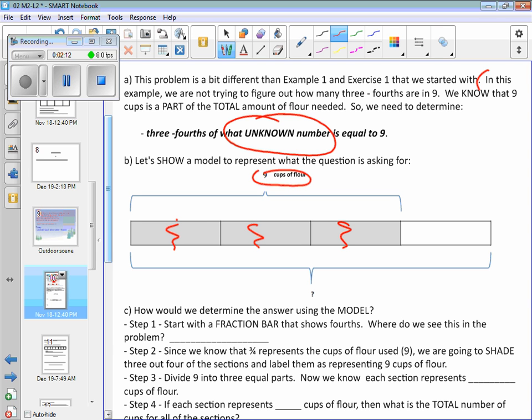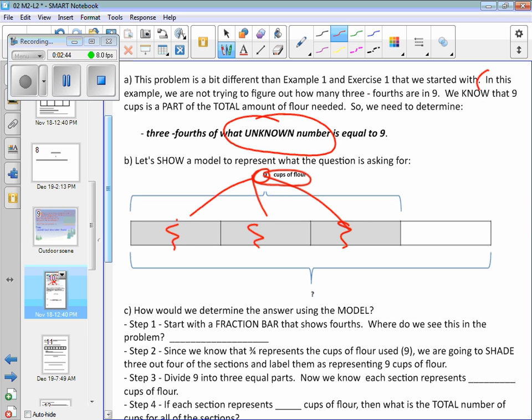Now, if you remember back when we did tape diagrams back in module 1, if I know that these 3 bars out of 4 represents 9, then how much is each bar worth? Think about it. This 9 is making up these 3 bars, so each bar has to be worth how much?